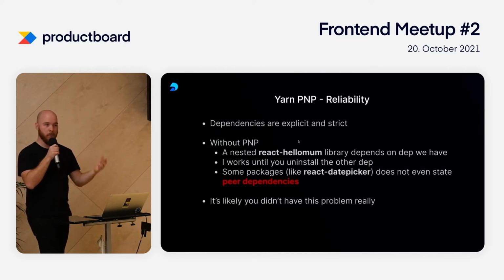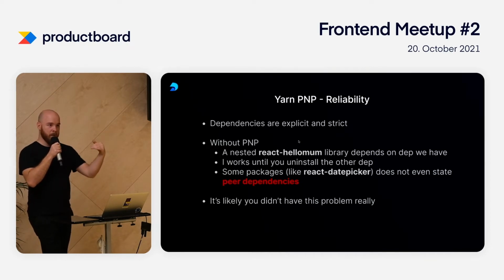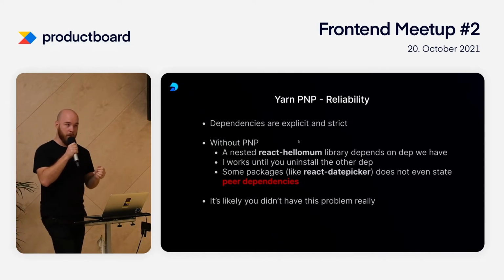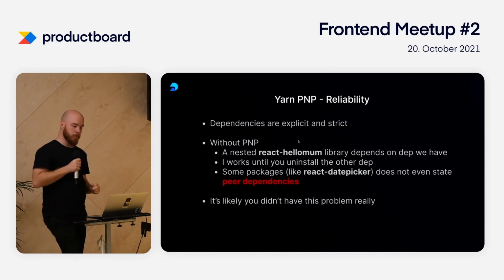So in your own npm or Yarn 1 world, let's say your nested React something library needs React. It looks first for React in the root of the node_modules, then goes a little bit lower, a little bit lower. Sometimes it checks if you have peer dependencies, it checks around, but then also goes up and resolves it. But in Yarn PNP, you have to define that this particular thing resolves here.